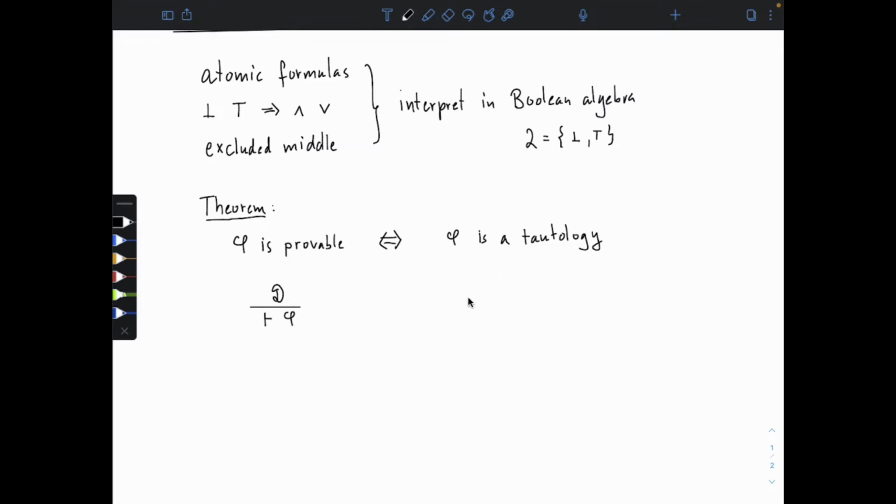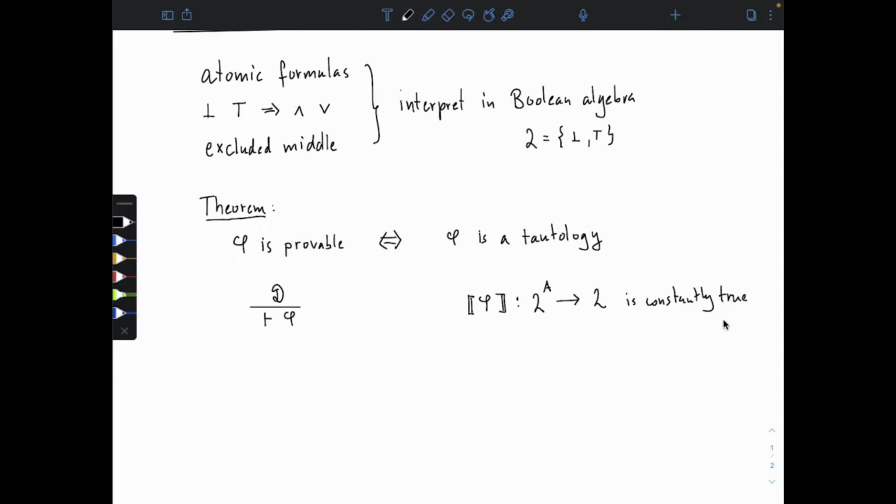And phi is a tautology means that when you look at it as a map, remember the map takes an assignment of truth values to atomic formulas. So capital A was the set of atomic formulas, and for each formula we get a truth value, whether it's true or false, and then depending on that we assign a truth value to phi, and so for this to be a tautology means that it's constantly true.